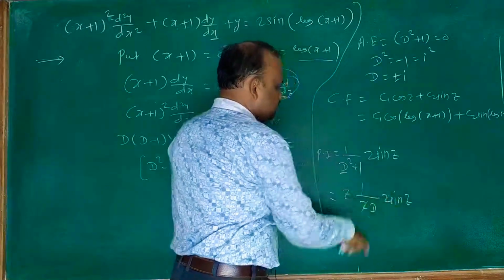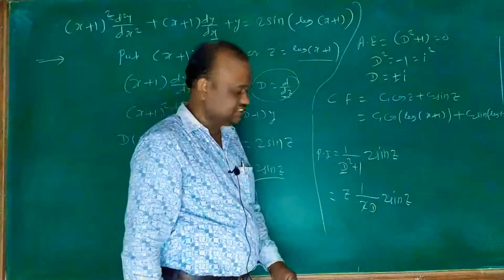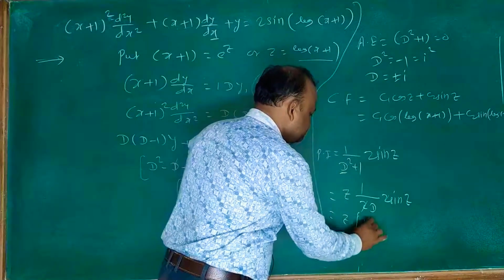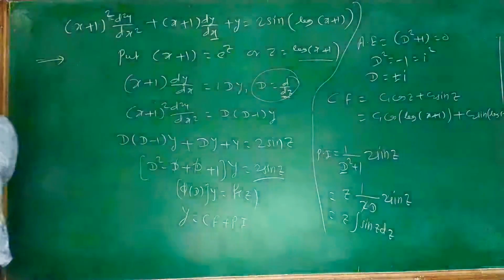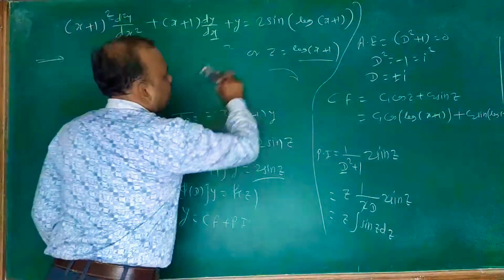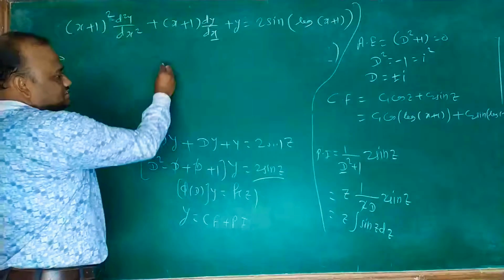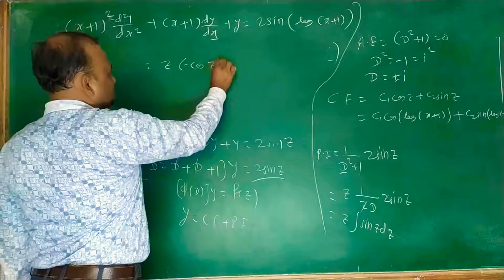So these two get cancelled, and we know that 1 upon D into f of x is the integration of f of x. So this is z into the integration of sin z dz. And what is the integration of sin z? The integration of sin z is minus cos z. So this is equal to z into minus cos z.